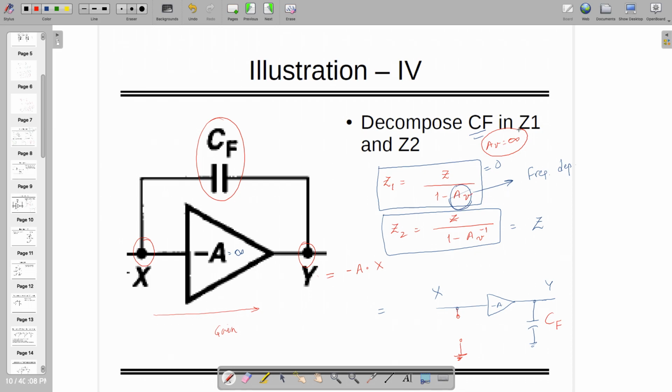At the input side, you are going to see infinite impedance or the infinite capacitor. That's how it becomes an open circuit, and at the output side, the same CF will be transferred. So there is no point in drawing this. You can directly decompose this to here with the fact that AV is equal to infinity. If AV is not equal to infinity, then such things are not going to happen, right?